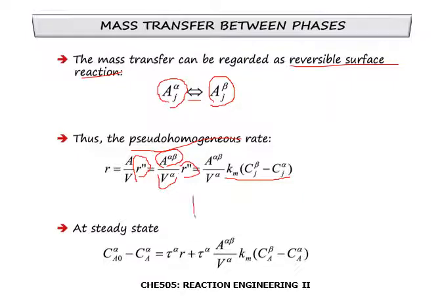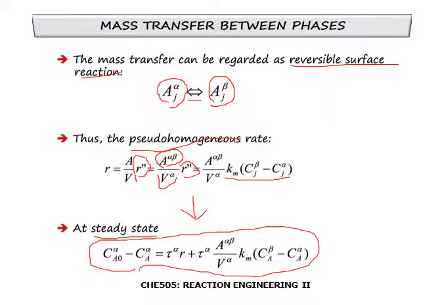So suddenly we get this equation. It just describes steady state mass transfer between phases, so this is the equation you will use. It means the initial concentration of a certain reactant, in this case reactant A, minus the concentration of unreacted A at the alpha phase, is equal to tau, the space time at the alpha phase, times the pseudo-homogeneous reaction rate, plus tau at alpha times the specific reaction rate. Okay.